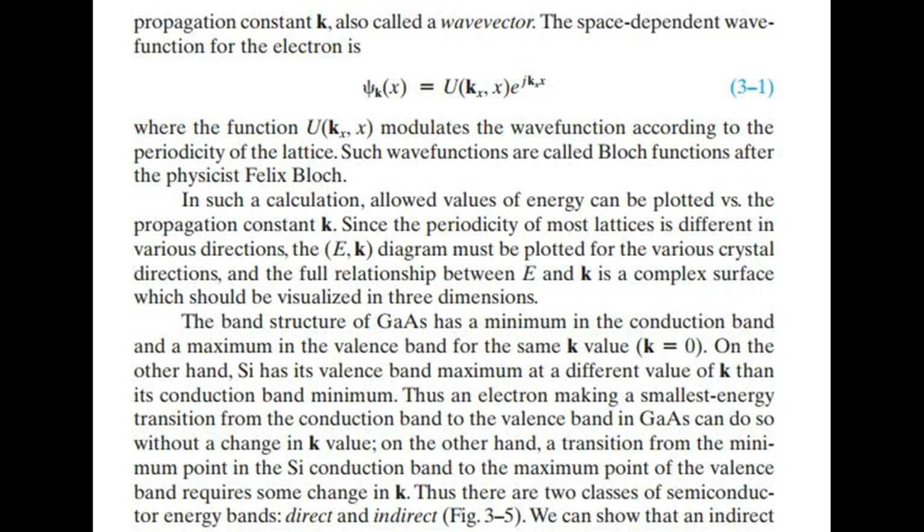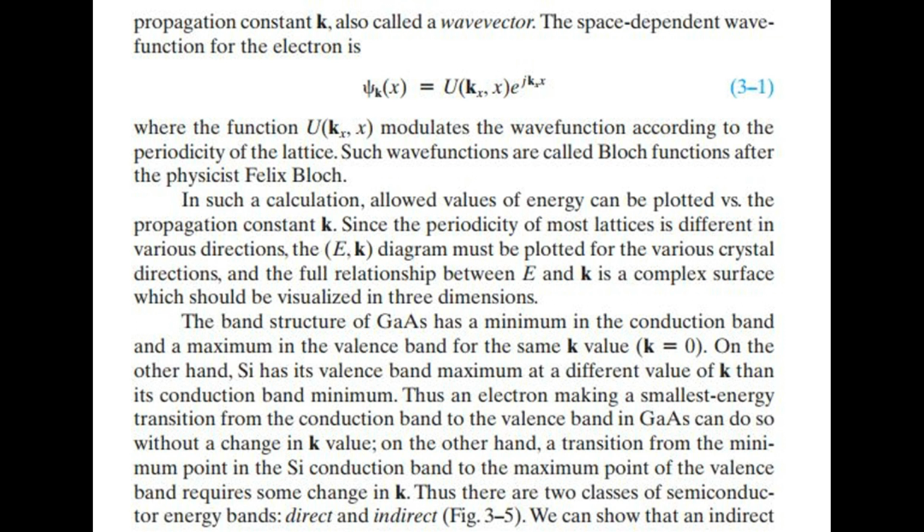Since the periodicity of most lattices is different in various directions, the E-k diagram must be plotted for the various crystal directions, and the full relationship between E and k is a complex surface which should be visualized in 3 dimensions. The band structure of gallium arsenide has a minimum in the conduction band and a maximum in the valence band for the same k value, k equals 0.